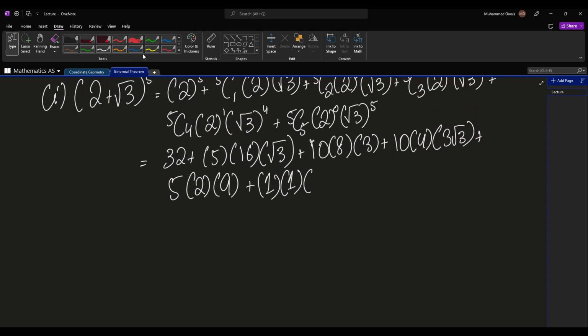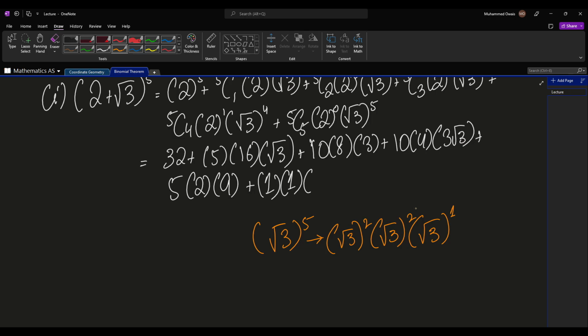If we notice something, under root 3 has a power of 5. So can I not write it like this, under root 3 squared into under root 3 squared into under root 3? Because if I do this, won't these powers get added, like 2 plus 2 plus 1?